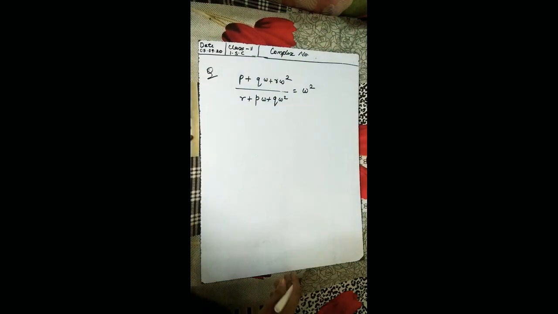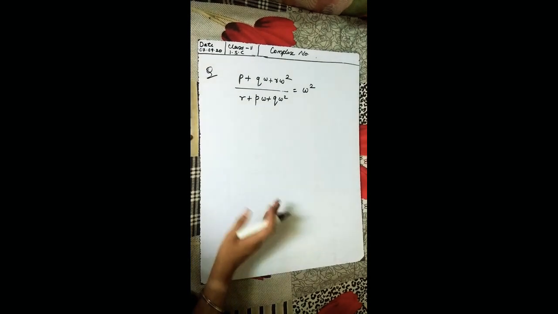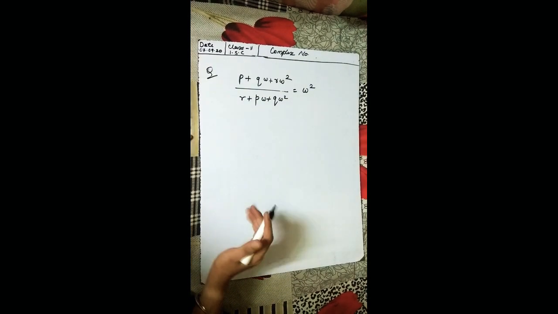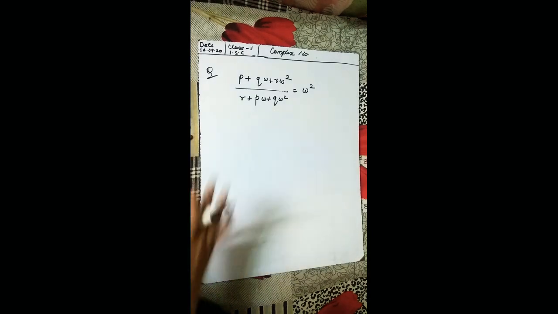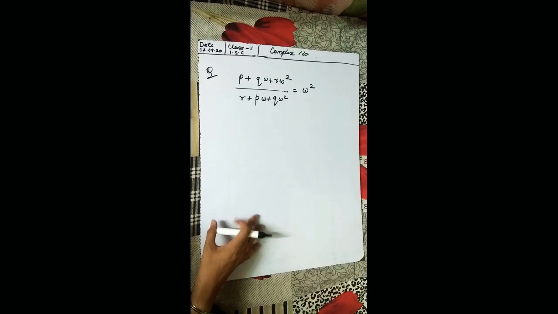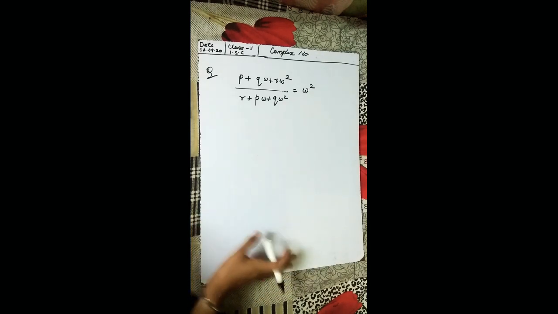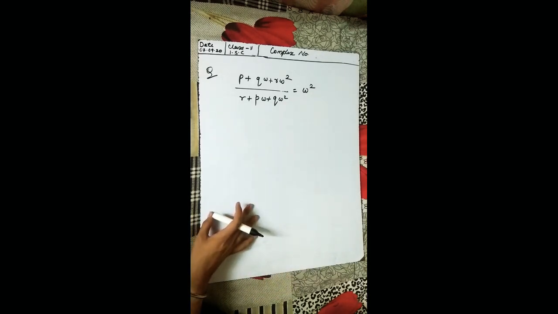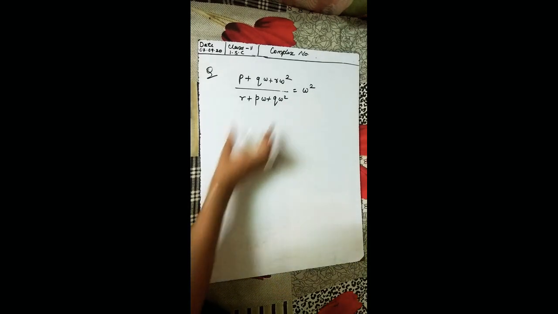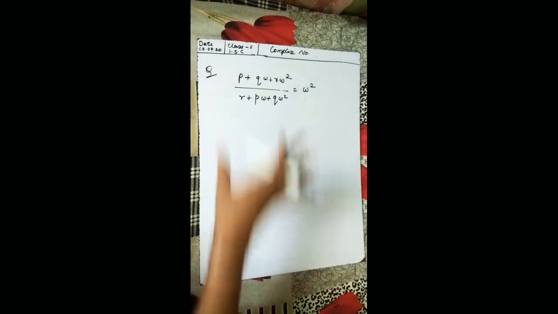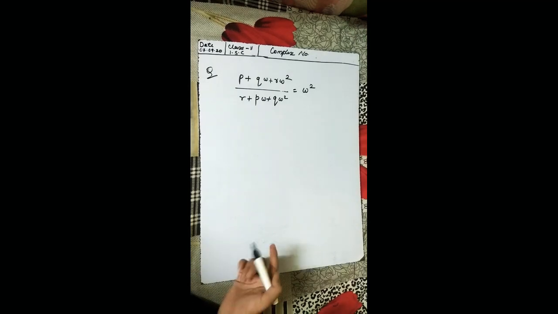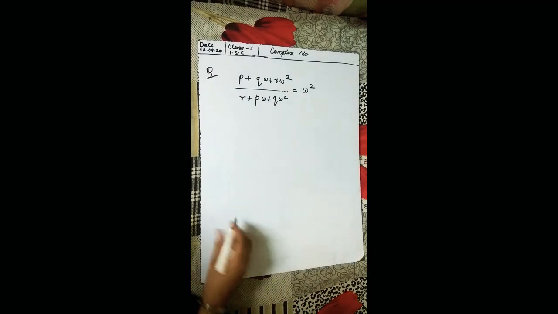We don't have any option of, if you think that we can rationalize it, or we can do anything here and there, so that won't work. Or else you can do one thing, you take this denominator this side, multiply it with the omega square, and then you can do one way. What will be the another way?